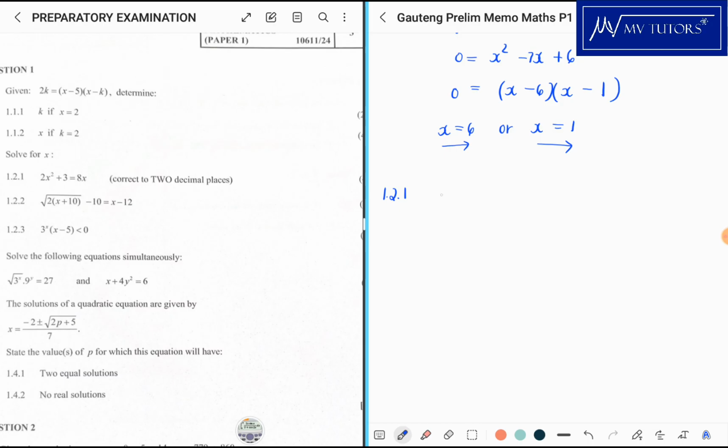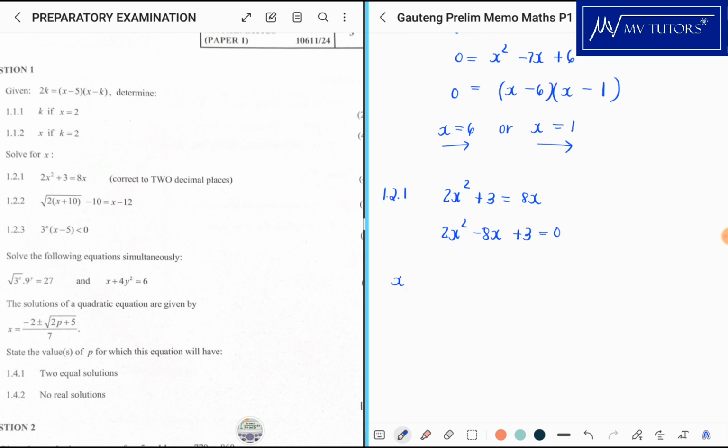So for 1.2.1, solving for x, we have 2x squared plus 3 is equal to 8x. So as soon as you see correct to 2 decimal places, you know we will be using the quadratic formula. Okay, so we have 2x squared minus 8x plus 3, and that is going to be equal to 0.